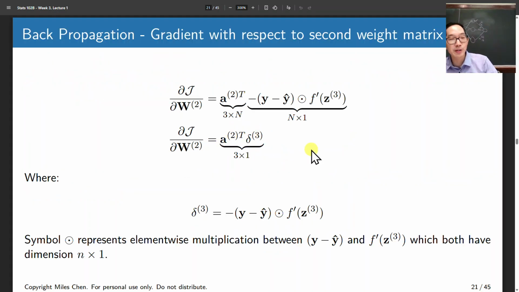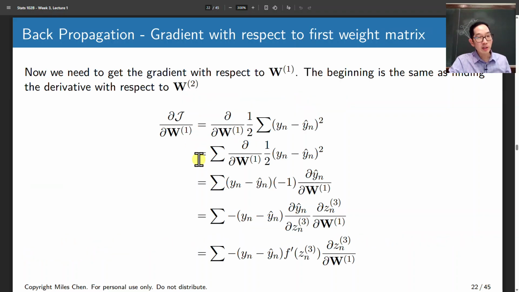All right, so this is my result here for the gradient of the loss function with respect to our second weight matrix. Does that feel okay? All right, so we're going to do the same thing. Now we want to find the gradient of the loss function with respect to our changes in our first weight matrix.